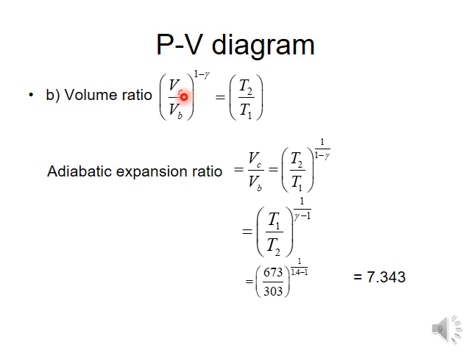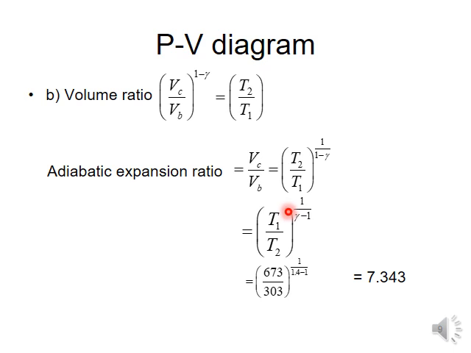Here, for the volume ratio, we know the relation between volume and temperature in an adiabatic process. Because we are taking the cycle as ABCD, Vc by Vb is equal to (T2 by T1) to the power 1 by (1 minus gamma). We want the adiabatic expansion ratio, so I am bringing this 1 minus gamma to the LHS. Then Vc by Vb is equal to T2 by T1 whole power 1 by 1 minus gamma.